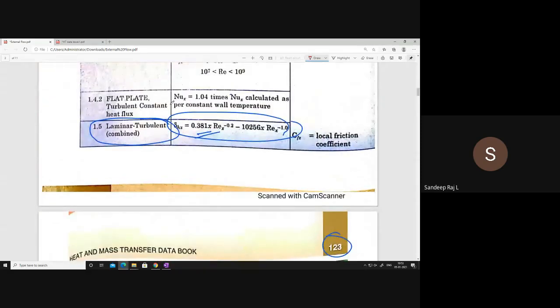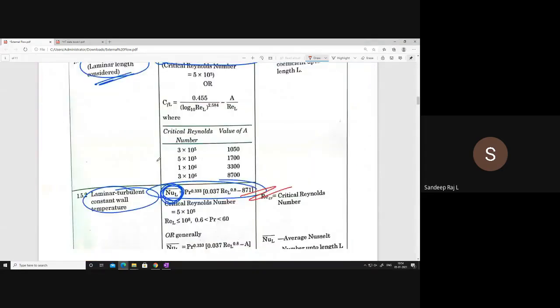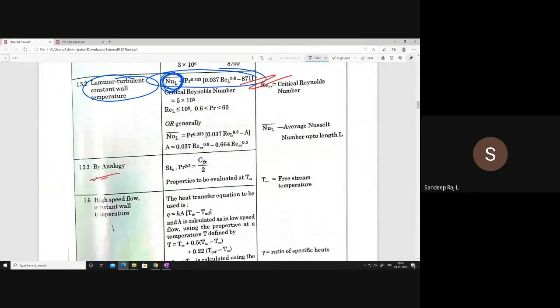And in the flat plate, the constant heat flux case also, you do it. It's like constant wall temperature, but it only varies by 1.04 times. Do it for yourself. And this is the analogy. This is the Stanton number. ST means Stanton number. This I will tell you in future. Don't worry about that.